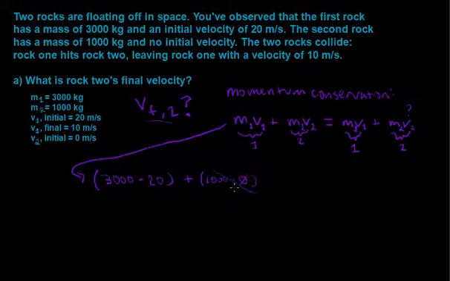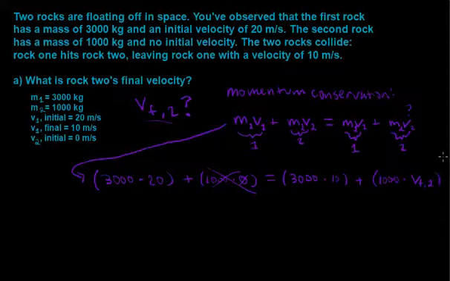So this is not a number, it's just 0 that we have to add on to our other number. And then this will be equal to the mass of rock 1, 3,000 kilograms, times the final velocity of rock 1, which was 10 meters per second, plus our mass of rock 2, 1,000 kilograms, times our final velocity of rock 2.